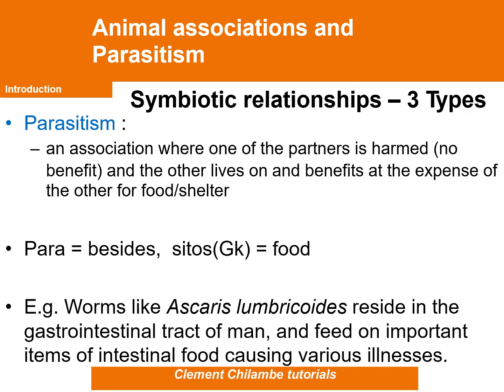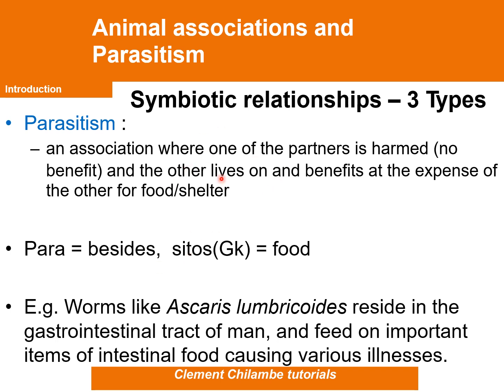And a third symbiotic relationship that we would love to discuss, and this one is actually unique, is parasitism itself. So parasitism, you having the clear definition of what a parasite is, you are going to agree with this statement here, which is saying parasitism is an association where one of the partners is harmed, so there's no benefit, and the other lives on and benefits at the expense of the other for food or shelter.